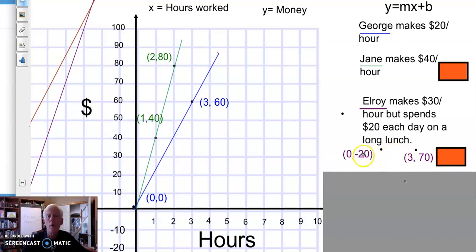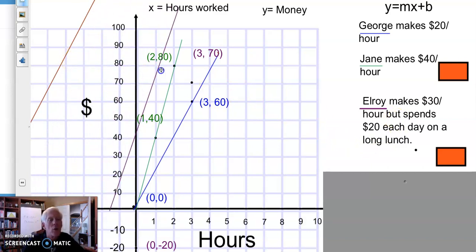So let's graph Elroy. Let's add Elroy's graph with George and Jane. At 0 hours, he would make negative $20. We'll put a point right down there. And at 3 hours, he would make $70. So we'll put a point right there. And since Elroy's purple, we'll add Elroy's line.